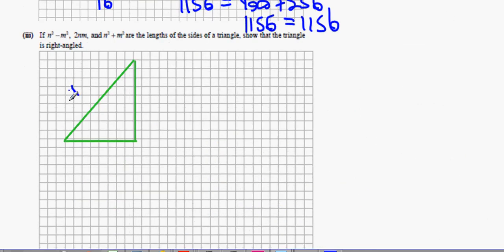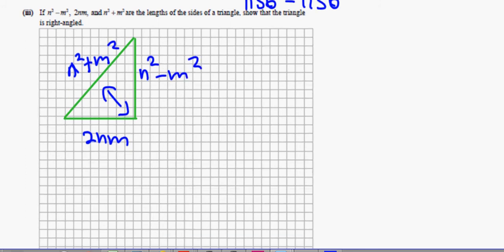So n squared plus m squared, let that be the hypotenuse or the longest side. Let 2nm be the other side, and n squared minus m squared the other side. So if this works for Pythagoras' theorem, so the hypotenuse squared equals side 1 squared plus side 2 squared, it only works, it's a right angle triangle, if it balances.